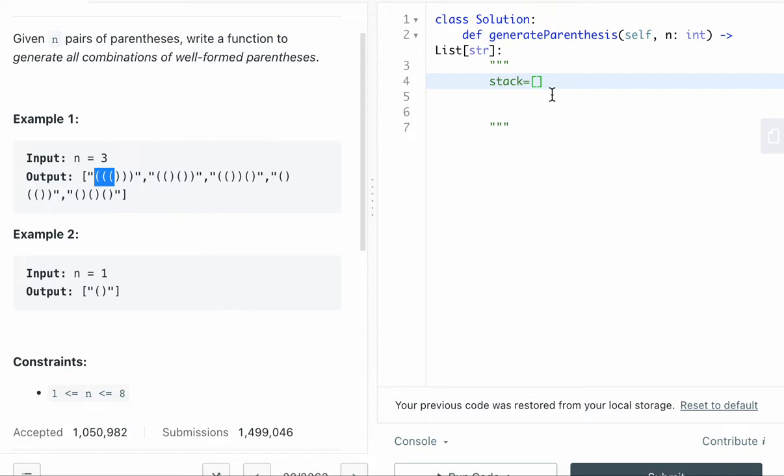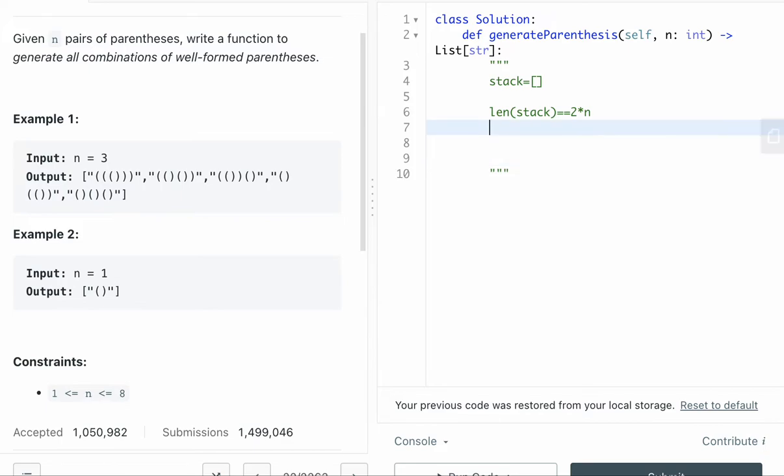So basically, if the length of the stack equals 2 multiplied by n, that means we already found the answer, right? 2 multiplied by n, 3 in this case, is 6. And if you see here, it's 6, 6, 6, 6, and 6, right? That means we found the answer. Every single time we find the answer, we want to append it to our result. That's basically the base condition.